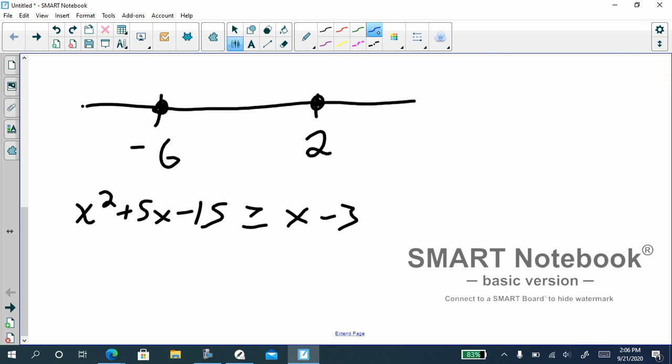So we're just going to test a point in each interval. Let's put in a -8. That's in that interval. A 0 is here, and a 4 is here. So see which intervals work, which don't.